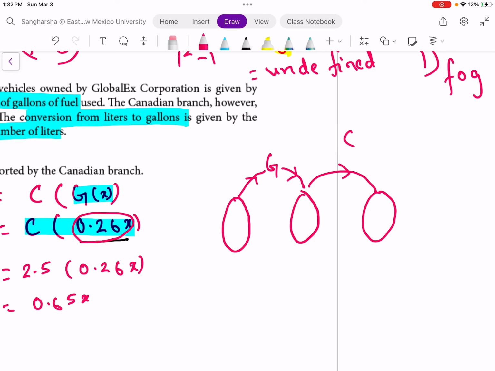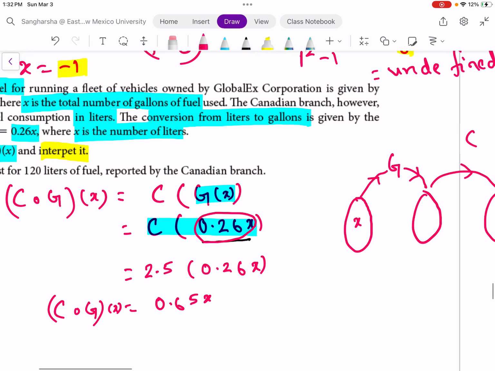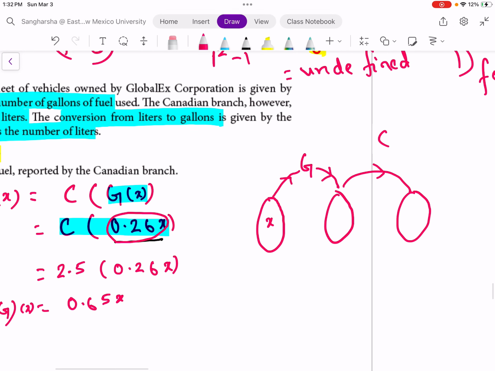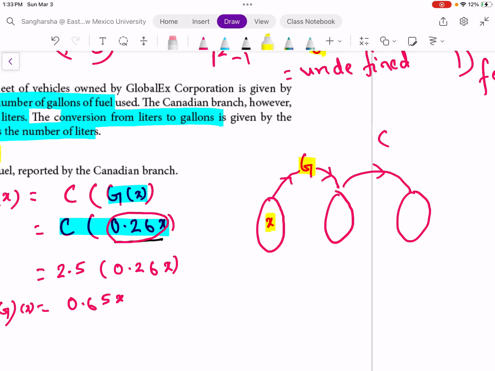Let's say we have x number of liters, and this x number of liters is converted into gallons by the G function, and that is G of x.